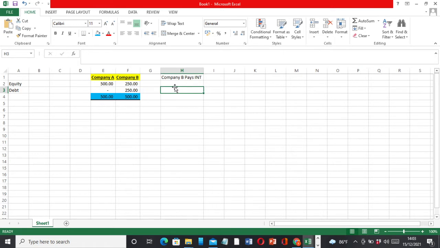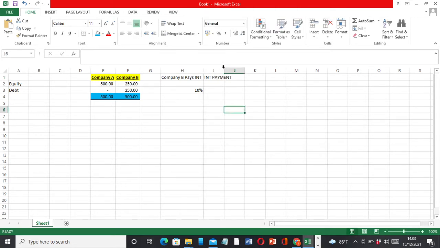So company B pays 10%. You borrowed 250 million from the bank, and the bank said, yes, we are fine to give you, provided you pay 10% interest on this value, right? So let's calculate the interest payment.